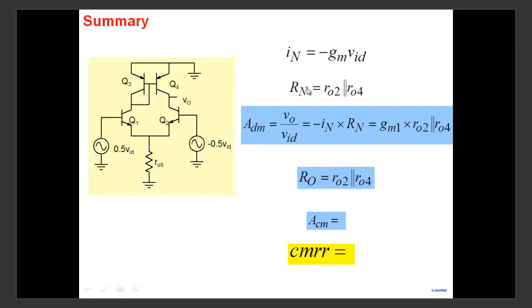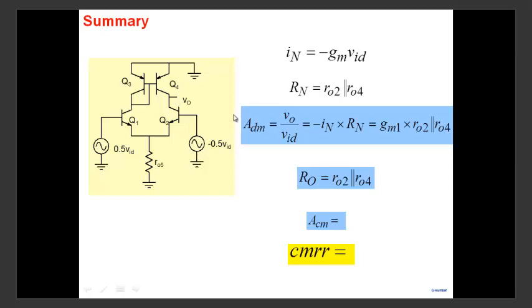But as I said, the result is the same as if you assume this to be ground. If you assume this to be ground, then what is the resistance looking down? It is R02. And what is the resistance looking up, if you assume this point is also ground? It is R04. So although the process is not the same, the result is the right one.